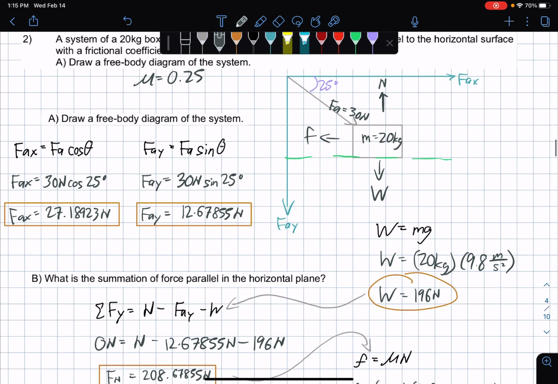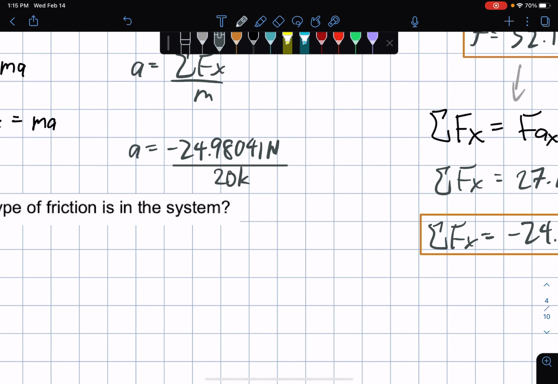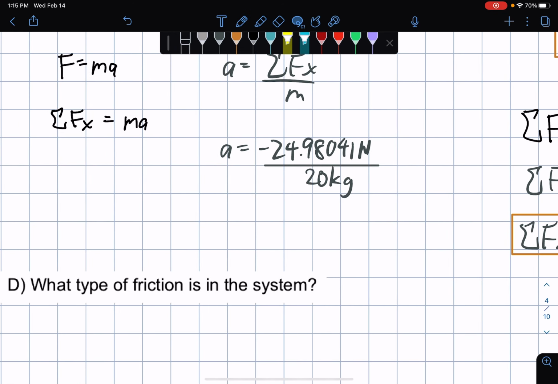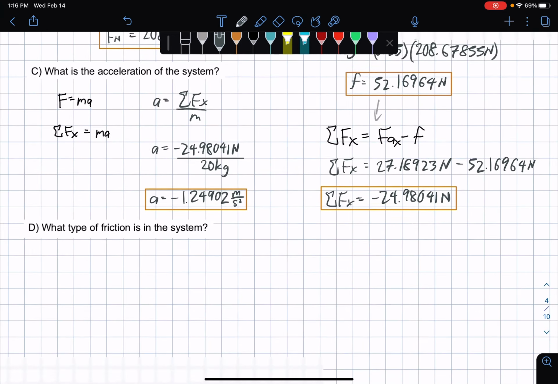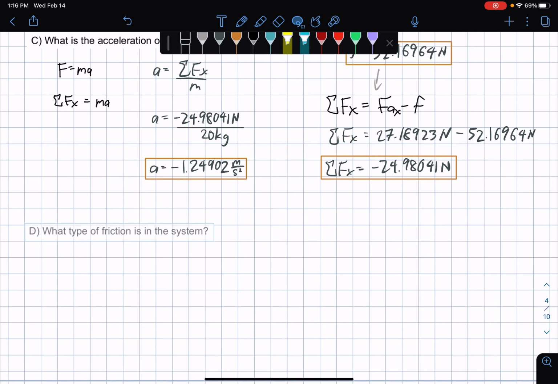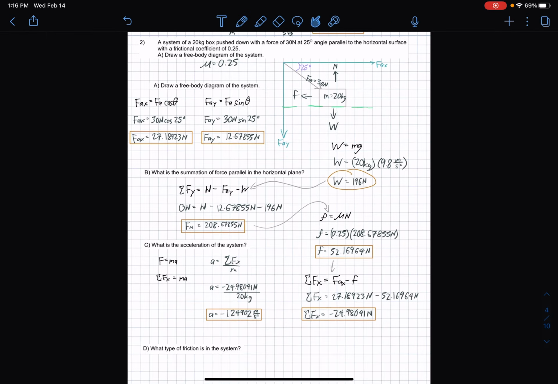Mass is equal to 20 kilograms. So acceleration is negative 1.24902. Okay, so we're done with all the computations.